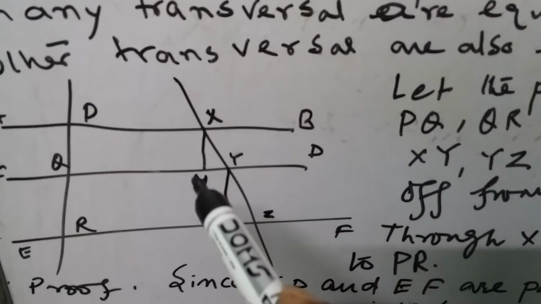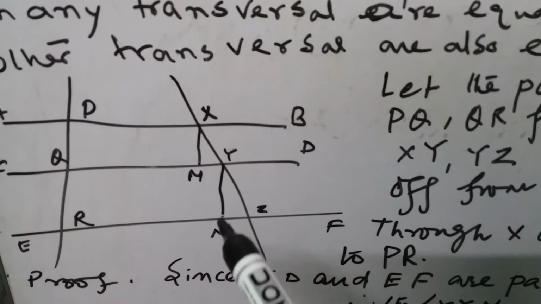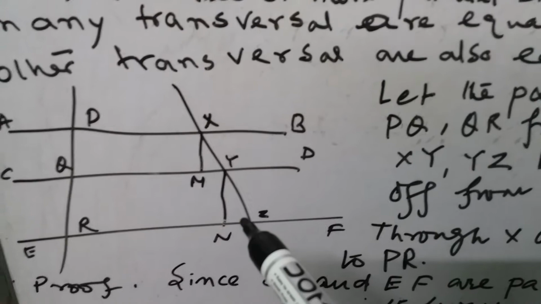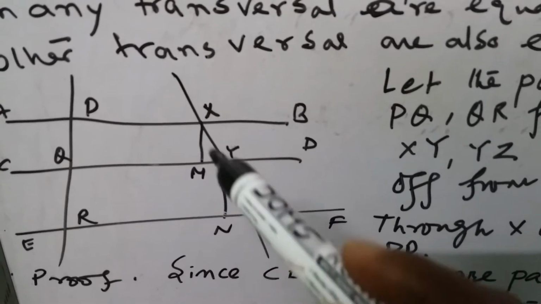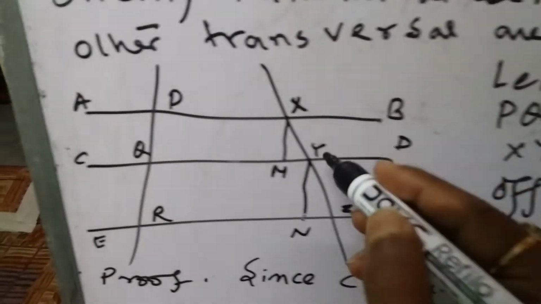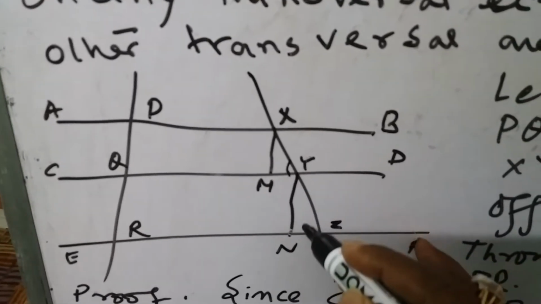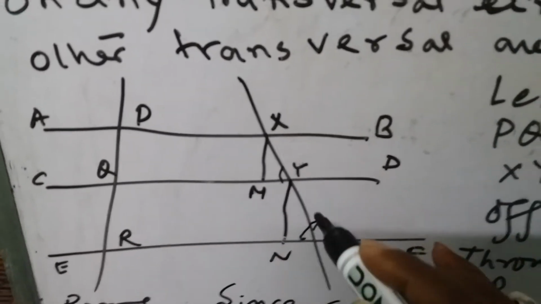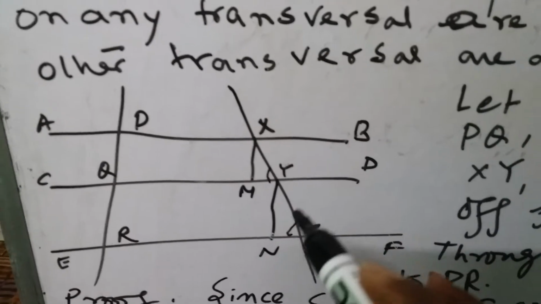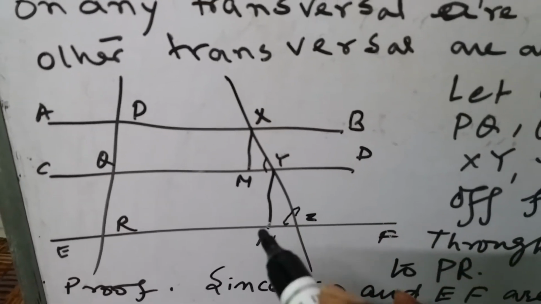From triangles XMY and YNZ, we get that these lines are parallel, so these are corresponding angles, XYM and YZN.